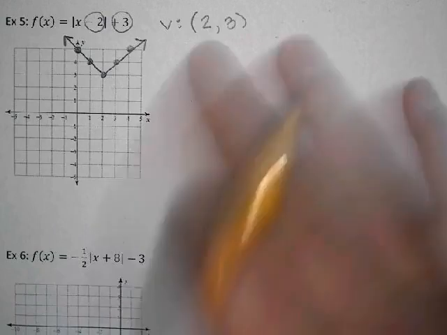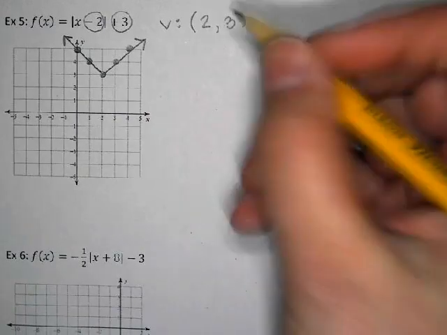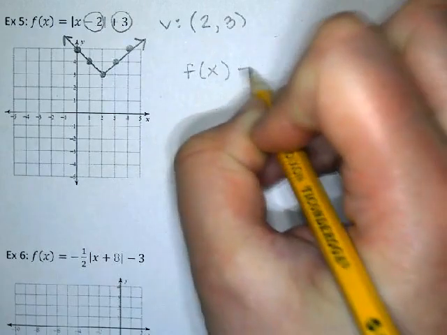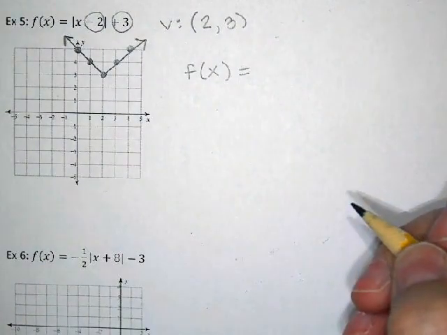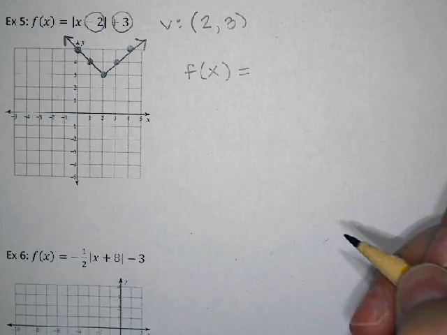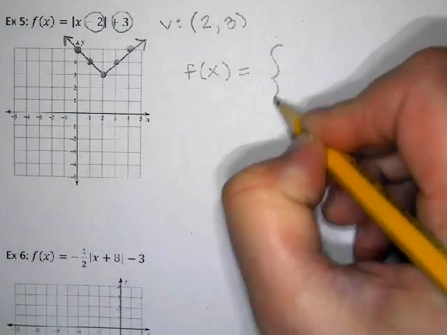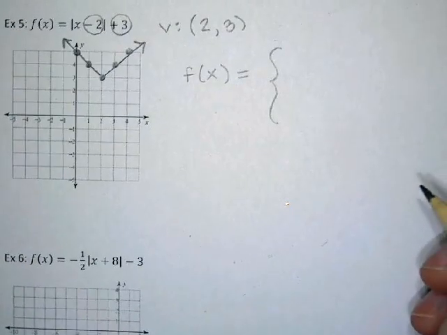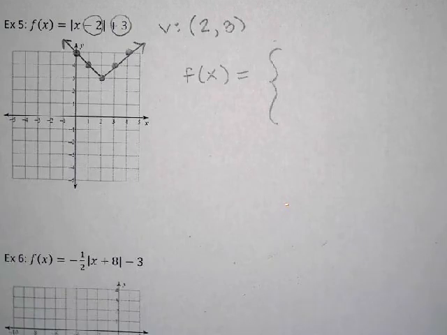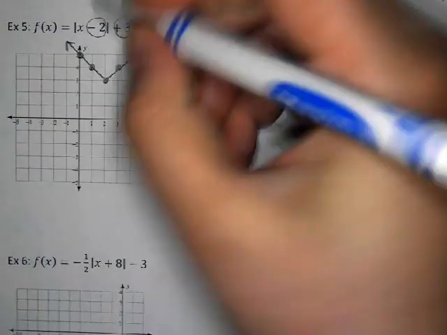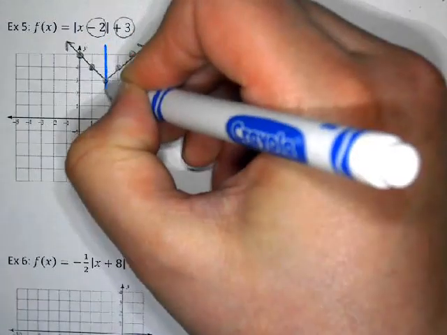So now, when we take this and write an absolute value equation for it, we have two halves of the graph. We have the left half and we have the right half. Okay? So I'm going to go ahead and do this squiggly bracket. And I'm going to go ahead and show this right here. This is where we divide it in half.